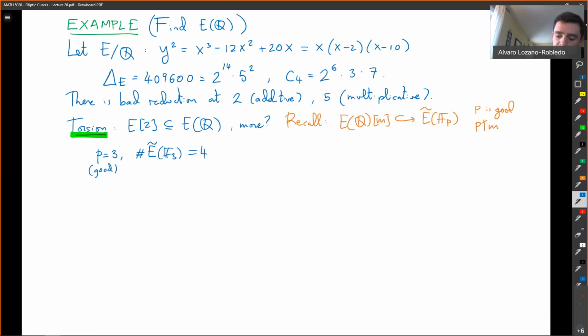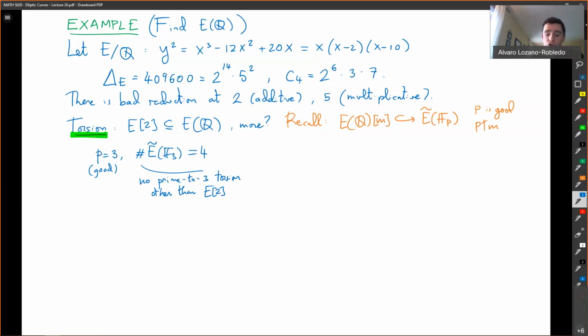So this implies that no prime to 3 torsion other than the 2 torsion. By the way, this also says that, you see, if there was 4 torsion, which I don't know, it would also embed in there. But because there's only 4 points on the elliptic curve over F3, there's going to be just 2 torsion.